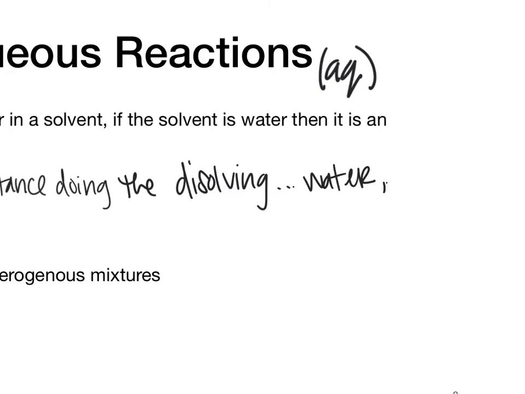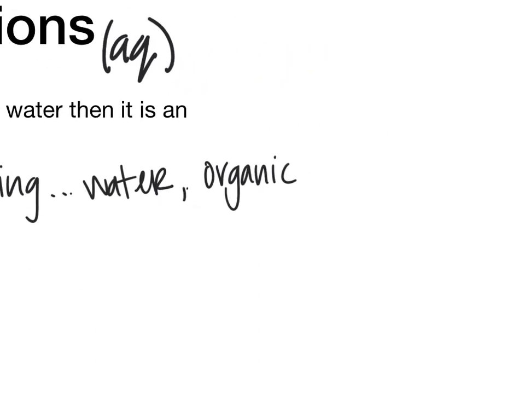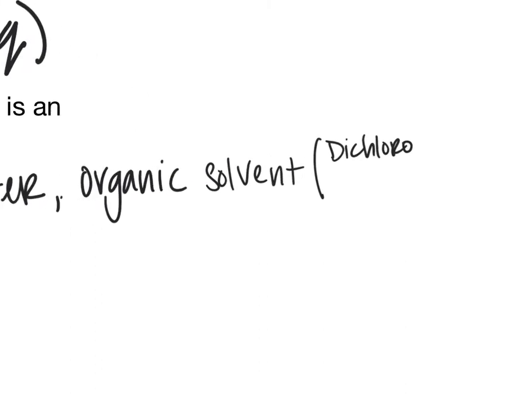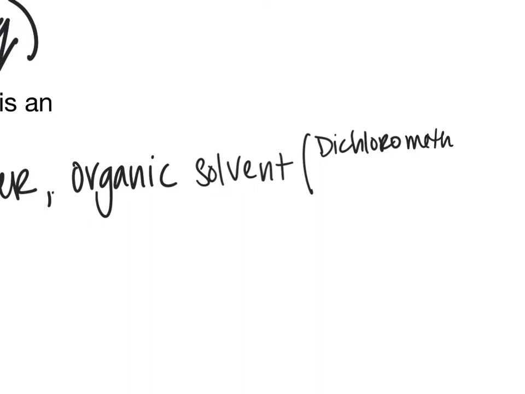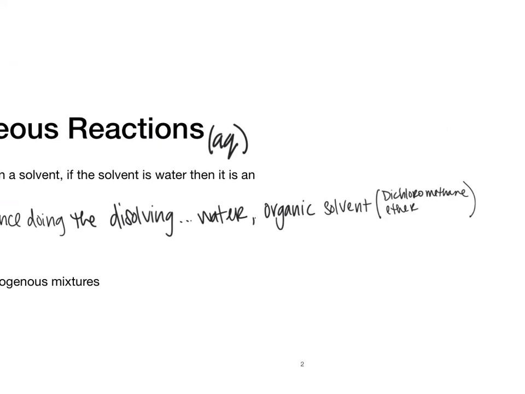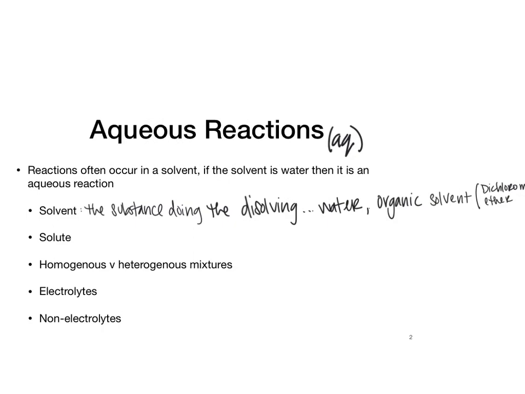This could also be in some organic solutions, with some other type of organic solvent. If you hang around in chemistry until organic 2, you'll see these. They are substances like dichloromethane or ether. It's not really important what those are, but basically when we think about an aqueous reaction or any other reaction, the solvent is the substance doing the dissolving.